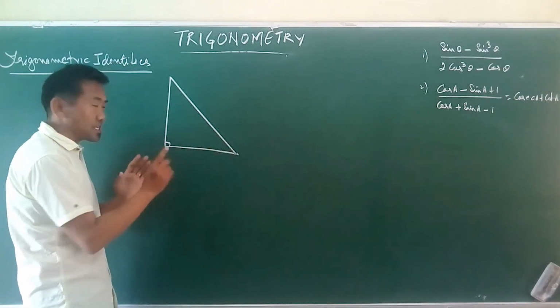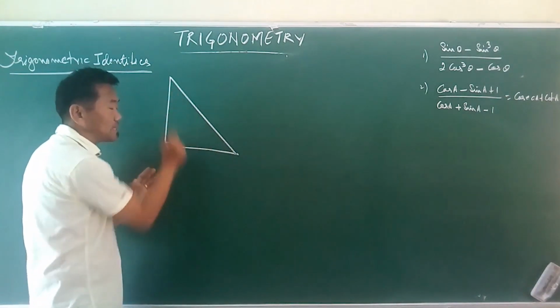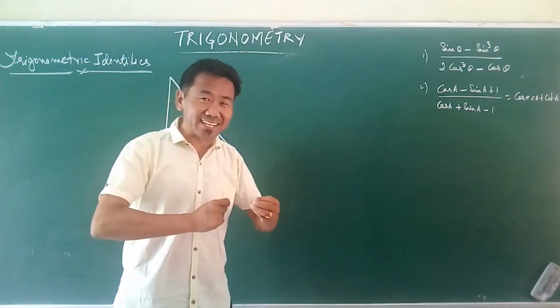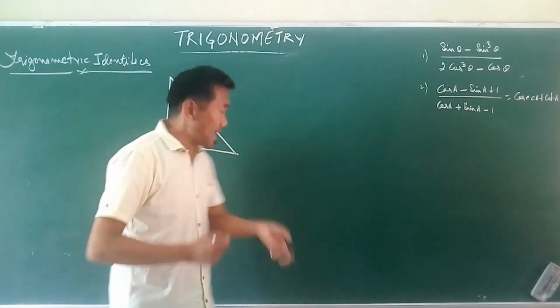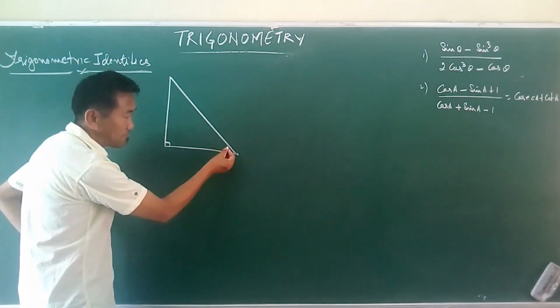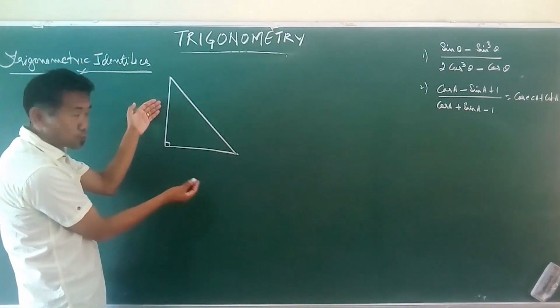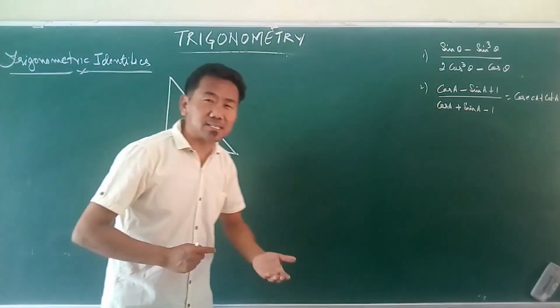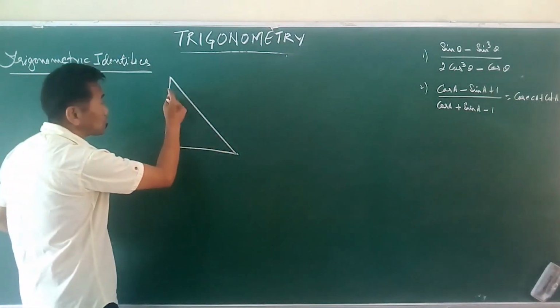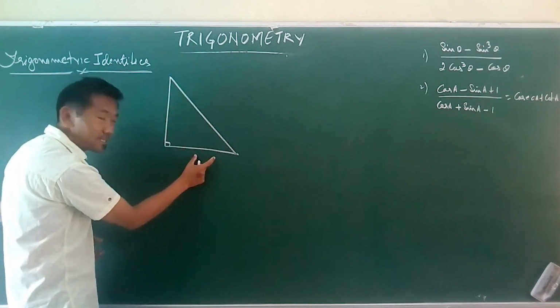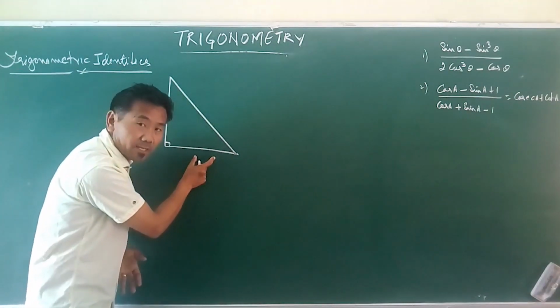Now, the most important thing is that of these two angles, we recognize one of the angles as the given angle. Suppose you choose this angle, and the opposite side is this. So the opposite side is the perpendicular. And if you choose this angle and this is your P, perpendicular, isn't it?